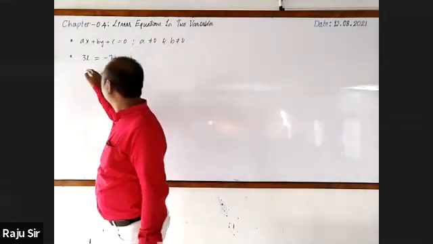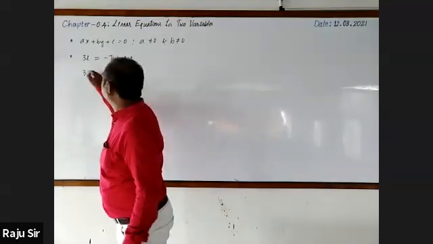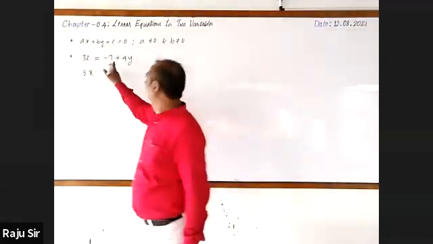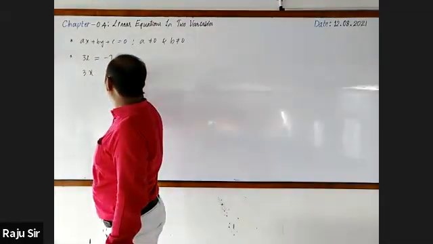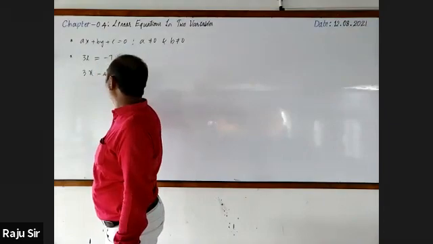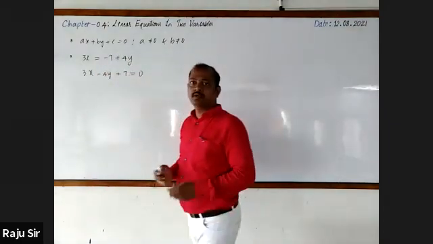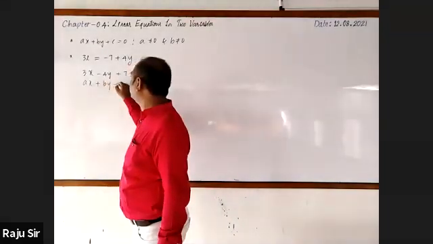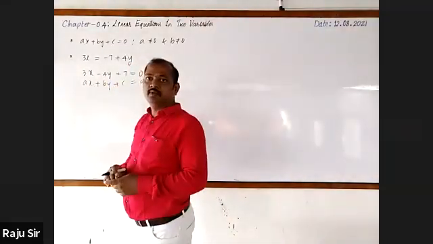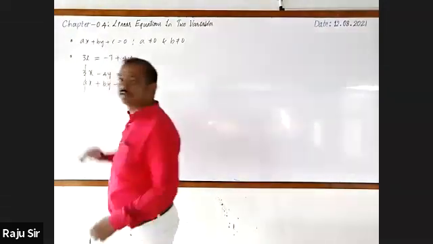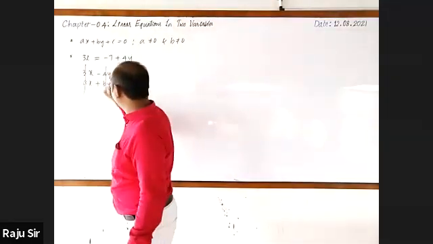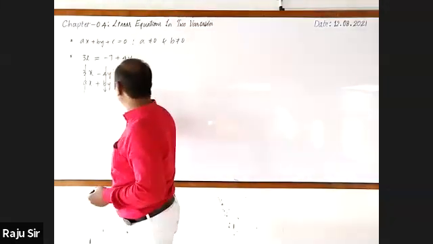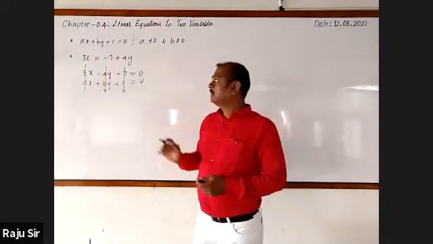Very good. Transfer minus 7 plus 4y to the left hand side. Minus 7 becomes plus 7, 4y becomes minus 4y, which is equal to 0. So now it is of the form ax plus by plus c equal to 0, where a is 3, b is minus 4, and c is 7.